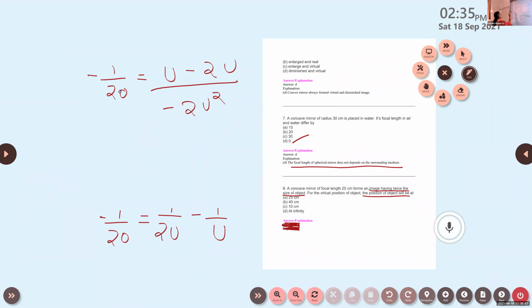That is, minus 1 by 20 is equal to minus 1 into u divided by minus 2u square.